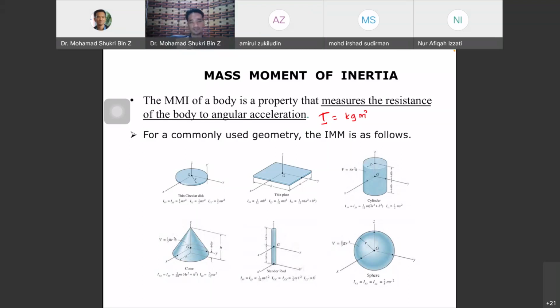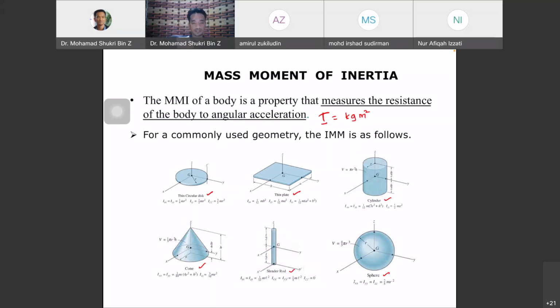Kalau tak jelas boleh refer pada PDF yang saya bagi. We have thin circular disc, we have thin plate, we have cylinder, and then we have cone, cylinder rod, and sphere.